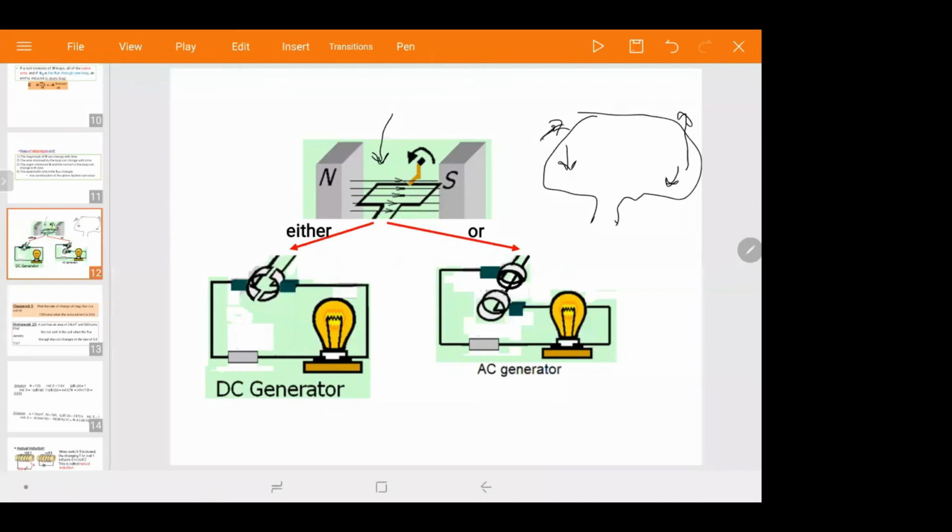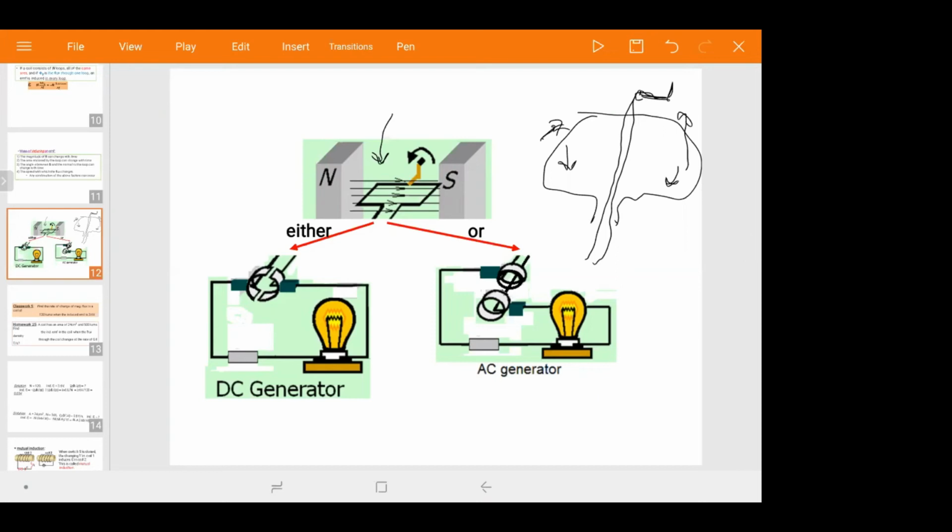Then you come to the question: how do I turn this coil in the magnetic field continuously? Naturally, this is engineering rather than physics. You give it an axle, you have a handle there, and you rotate it in the magnetic field.